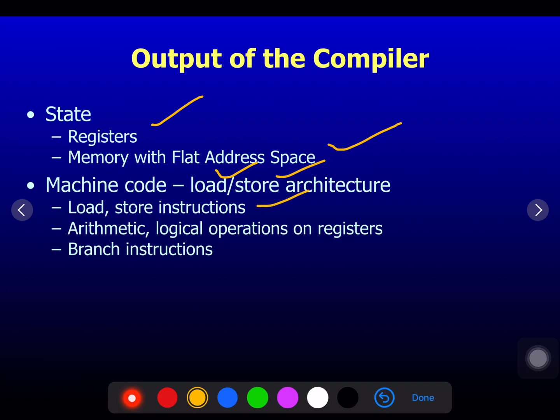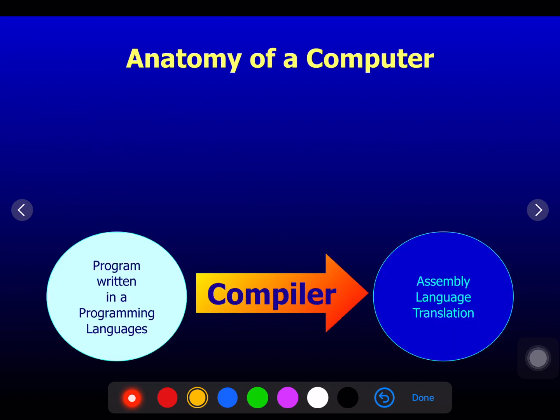It may be a load instruction, arithmetic and logical operations on registers, or a branch instruction. So the compiler does that bridge between high-level programming and low-level language.